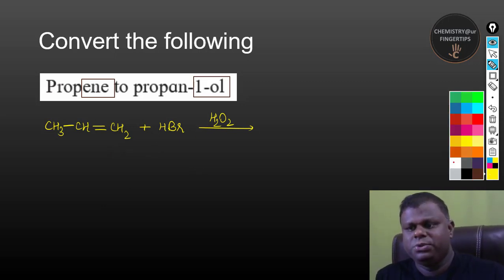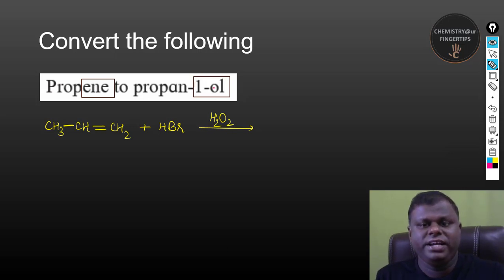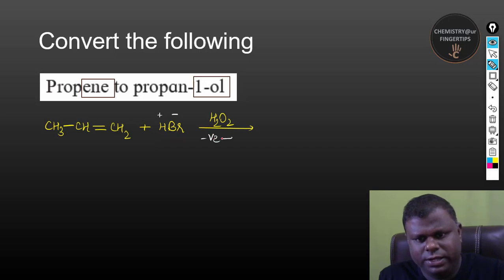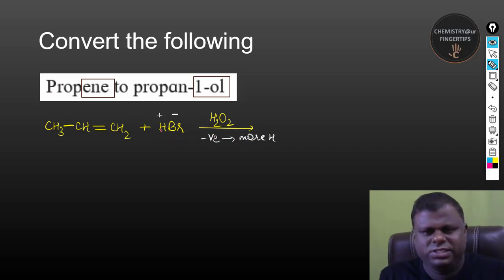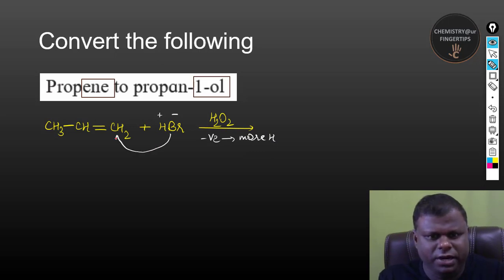So why are we using anti-Markovnikov? Because we need the functional group to be at the first carbon and not the other carbon, right? So this is going to be H plus, this is going to be Br minus. So I'm going to write here negative is going to go to more number of hydrogens, right? So this is just a shortcut. So I'm going to write Br over here. This H plus goes over here.